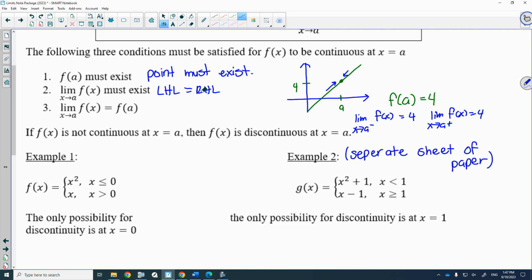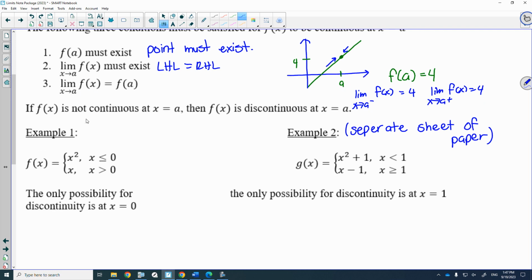The third thing for a function to be continuous is the limit must equal the point. My point was 4, my limit was 4. If those two answers are the same, then the limit equals the point. When all three of these things occur, we say our function is continuous.